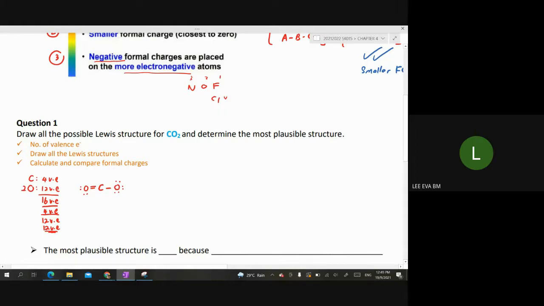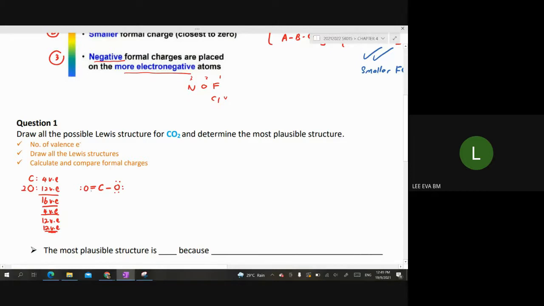So making a double bond adalah step yang kelima selepas awak letakkan octet elektron dekat oksigen, dekat surrounding. Kalau tak cukup, baru kita buat multiple bond. Okay, so carbon is still not yet octet. Then we borrow one more lone pair. So let's say madam nak borrowkan lone pair daripada oksigen yang sama.